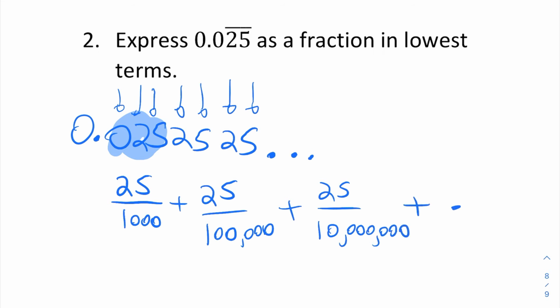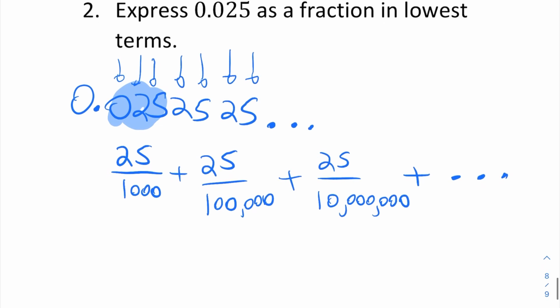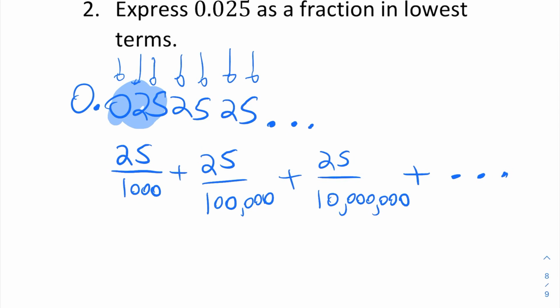And then, of course, it continues on like that. There's infinitely many more 25s to add up. So this is an infinite series. Let's see if it's geometric.